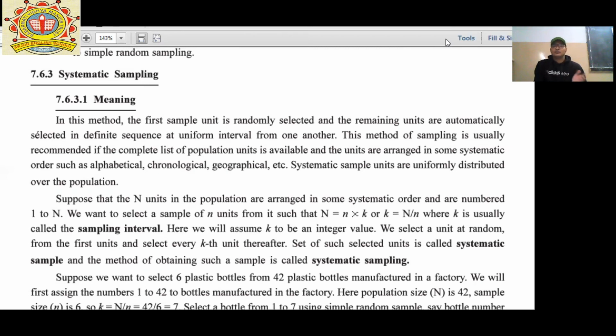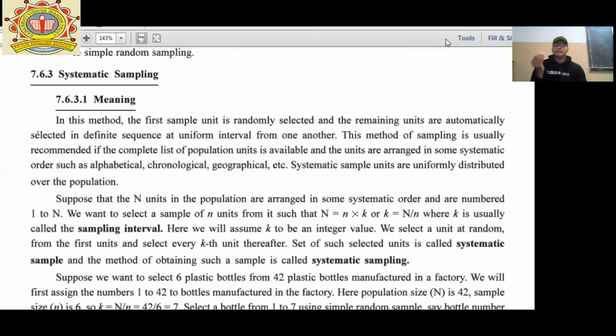N stands for a finite number. It may be 10, 20, 50, 100, etc. We want to select a sample of n units from it such that capital N is equal to small n multiplied by k, or k is equal to capital N divided by small n, where k is usually called the sampling interval.